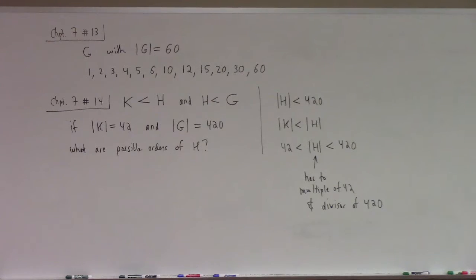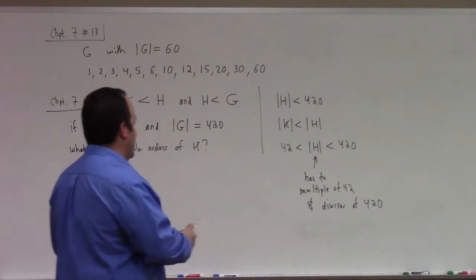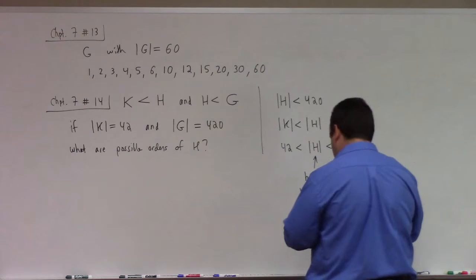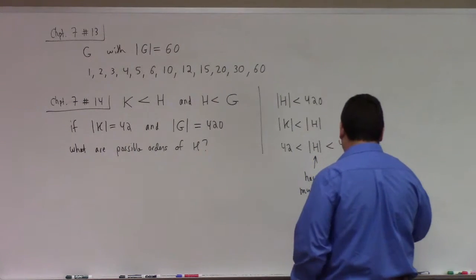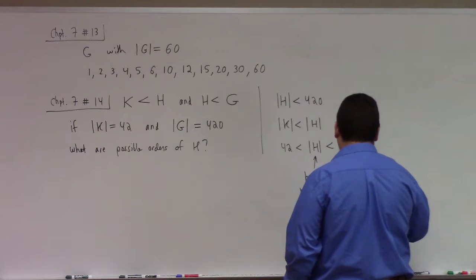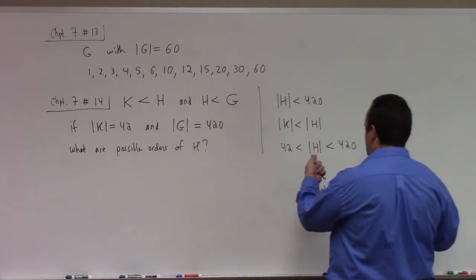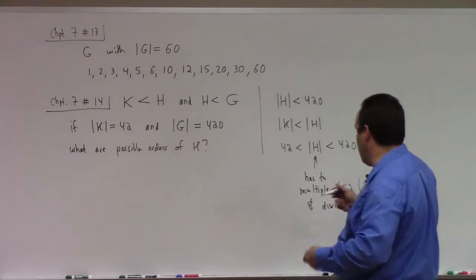So I can start enumerating, right? What are multiples of 42? 84, but it's not 42, right? It's a proper subgroup. It's not 42 itself.